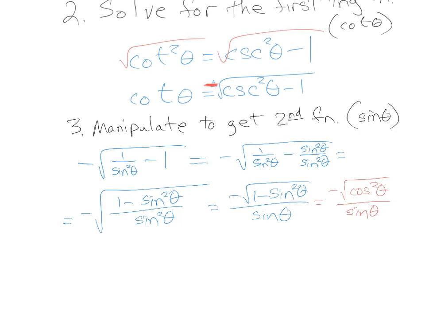Well, if I subtract the sine squared to the right, that's 1 minus sine squared, isn't it? And 1 minus the sine squared is equal to the cosine squared. So I could change those around. Well, what's the square root of the cosine squared? Cosine. So really what we have here is the cosine of theta over the sine of theta. And what is that? The cotangent, which is how we started. And now you're back at the beginning again.